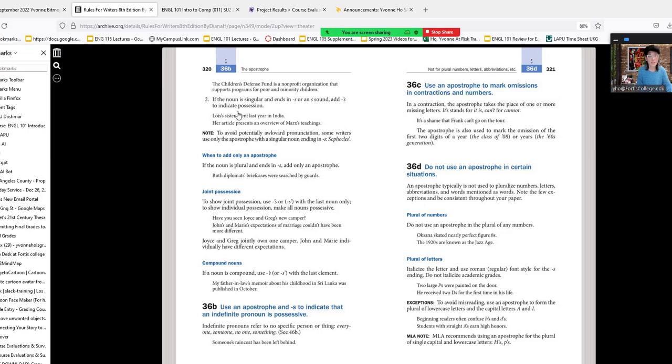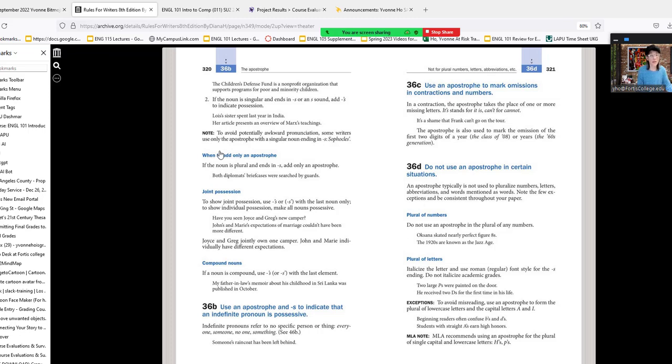If the noun is singular and ends in s or an s sound, then add apostrophe s to indicate possession. Lois's sister spent last year in India. Her article presents an overview of Marx's teachings. To avoid potentially awkward pronunciation, some writers use only the apostrophe with a singular noun ending in s.